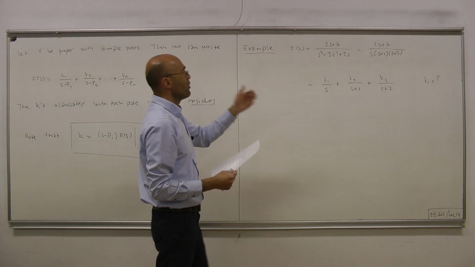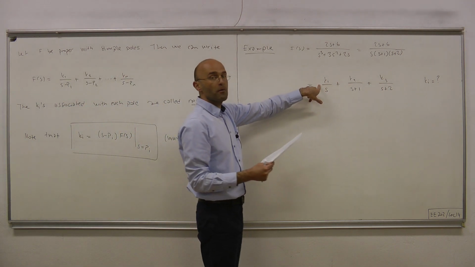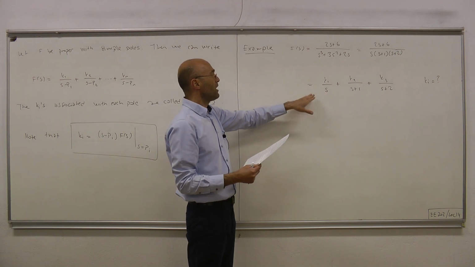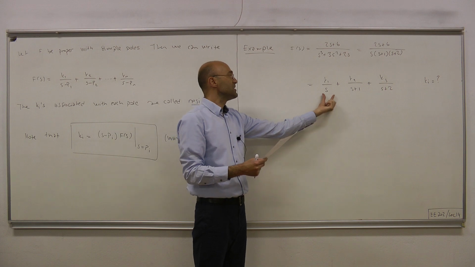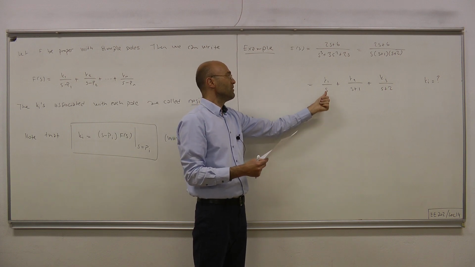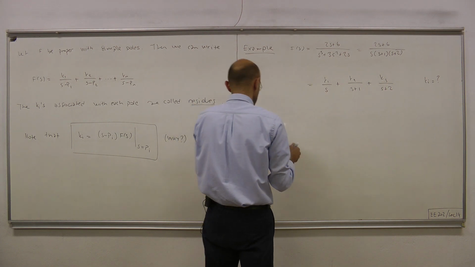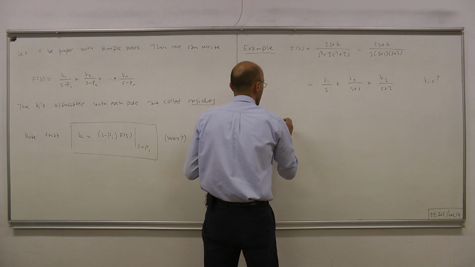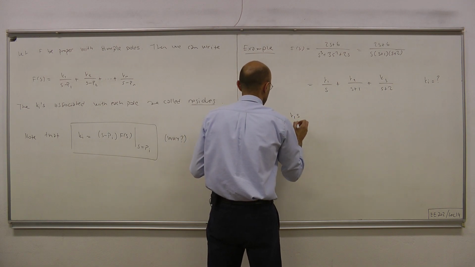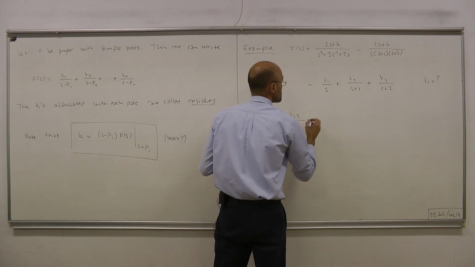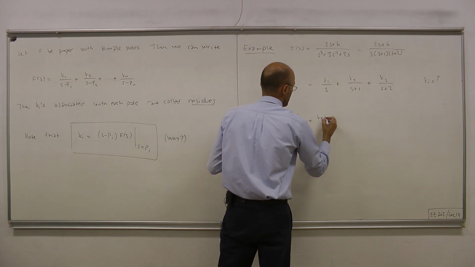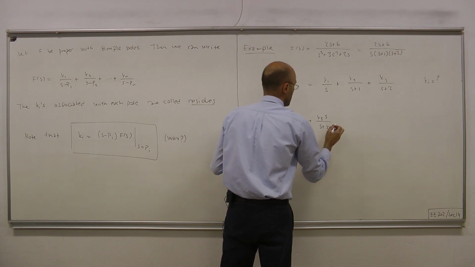So suppose that we want to figure out k1. First multiply both sides with the denominator of k1, which is s. If you do that, what you obtain is k1 plus k2 s over (s + 1) plus k3 s over (s + 2).